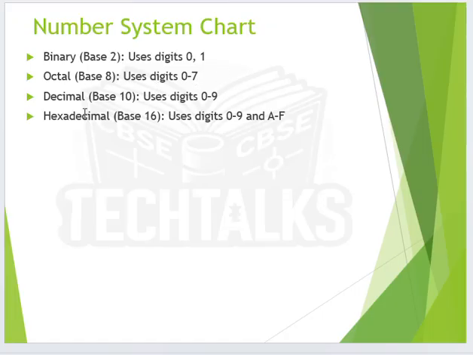The decimal number system has base 10 and uses digits from 0 to 9. The hexadecimal number system has base 16. It uses digits 0 to 9 and then A to F. A represents 10, B represents 11, C represents 12, D represents 13, E represents 14 and F represents 15.